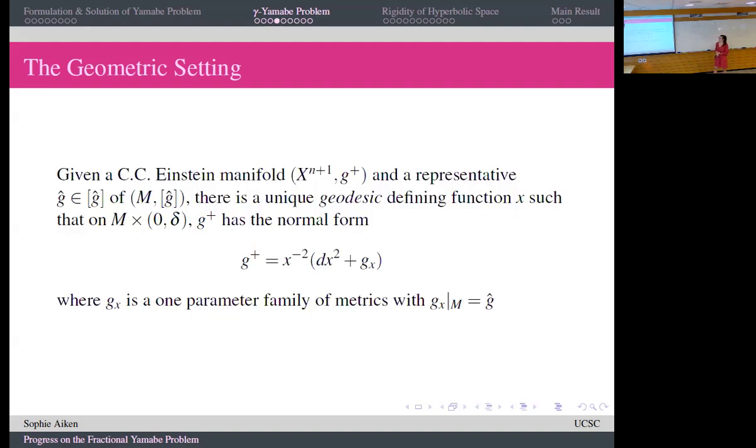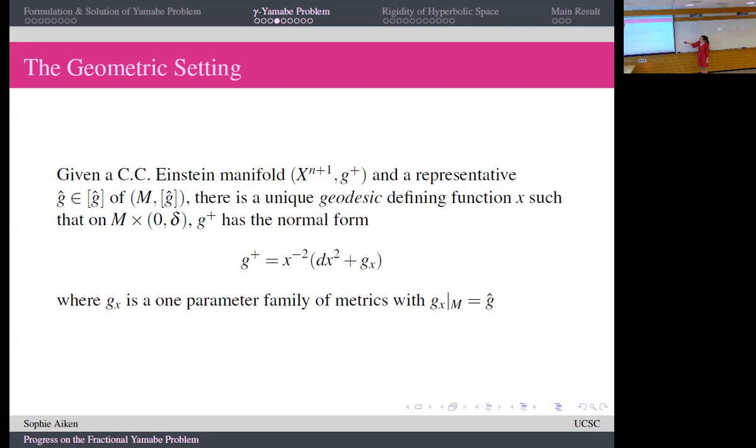Okay. So given a conformal Einstein manifold, for each representative of my conformal class, so picking out a specific metric in that conformal class, associated to it is a unique geodesic defining function, a special type of defining function, such that I can expand my interior metric g plus in this normal form.